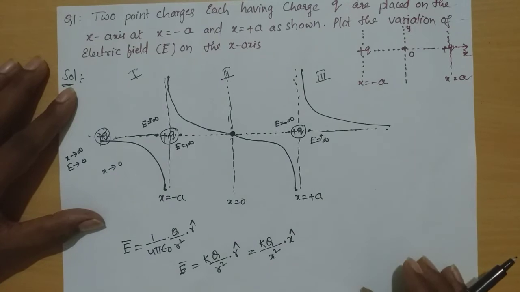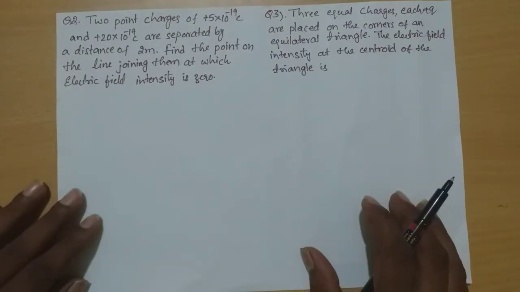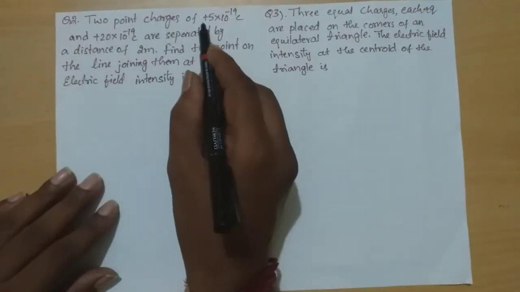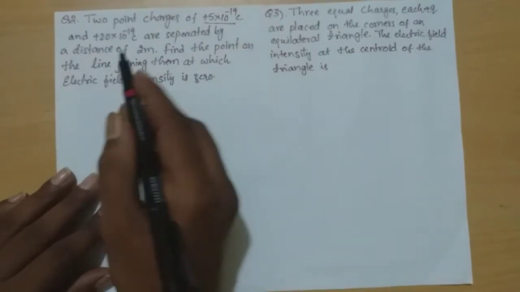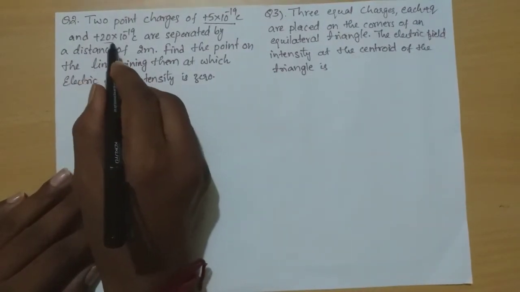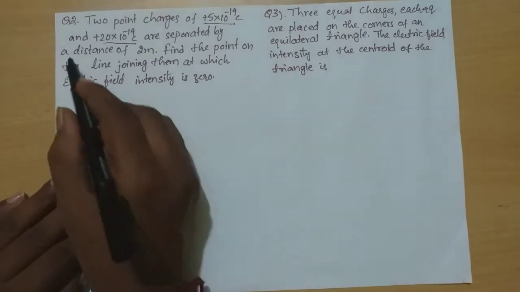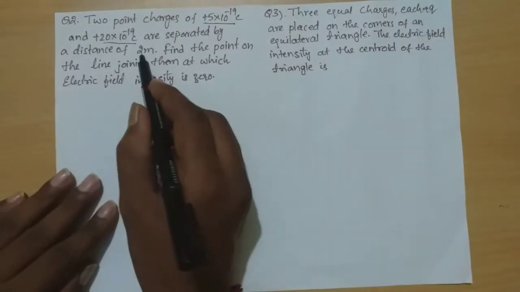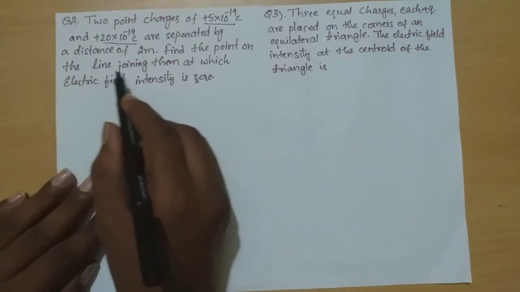Remember all these points. The second question: two point charges of plus 5 into 10 power minus 19 coulombs and plus 20 into 10 power minus 19 coulombs are separated by a distance of 2 meters. Find the point on the line joining them at which the electric field intensity is 0.